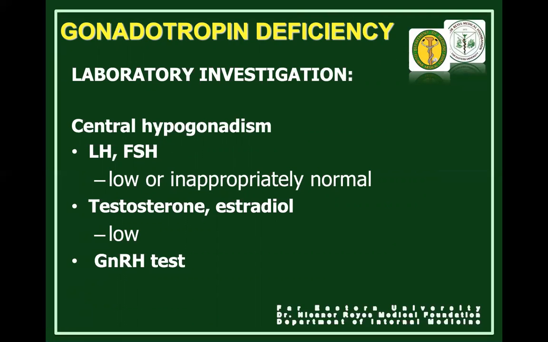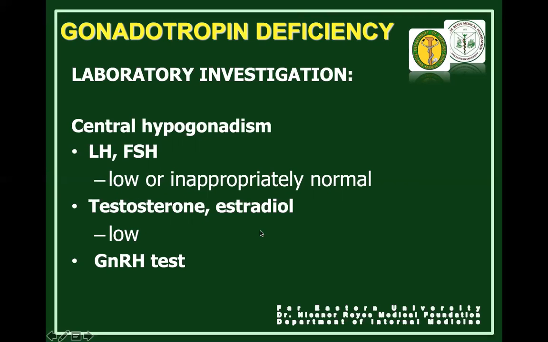It means that you get the pituitary hormone and the target organ hormone, so you can interpret them together if they are done at the same time. For central hypogonadism, you have an LH and FSH that is inappropriately normal or low, because this is the one that is deficient.